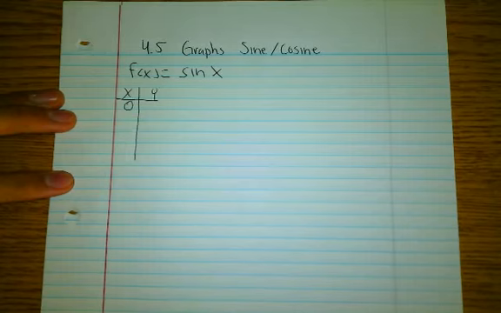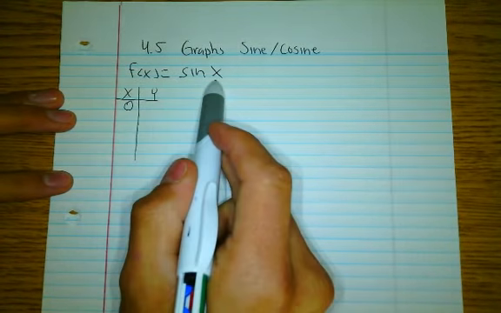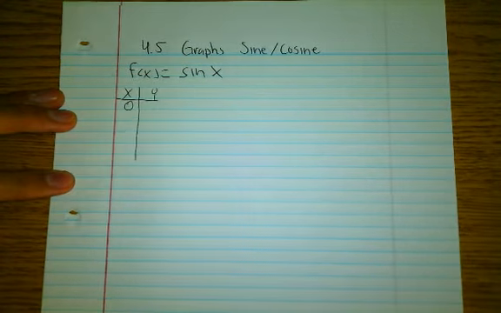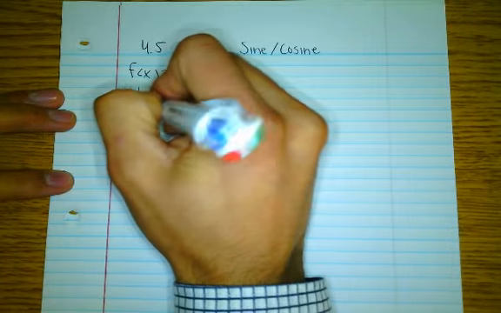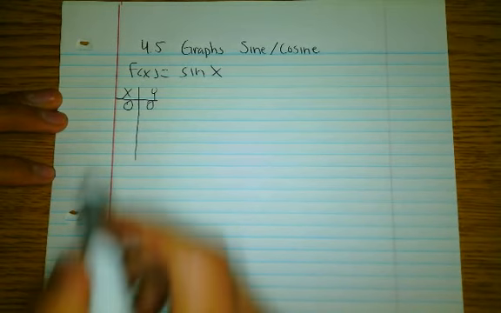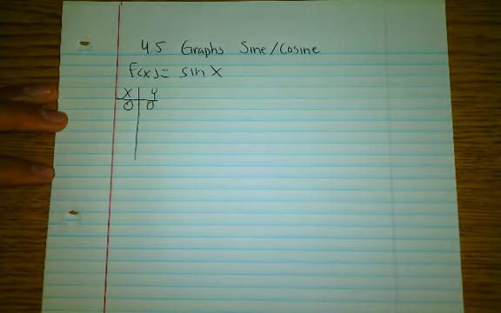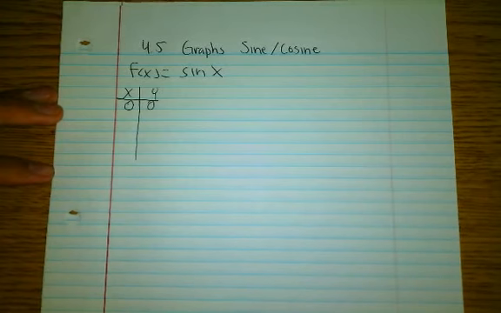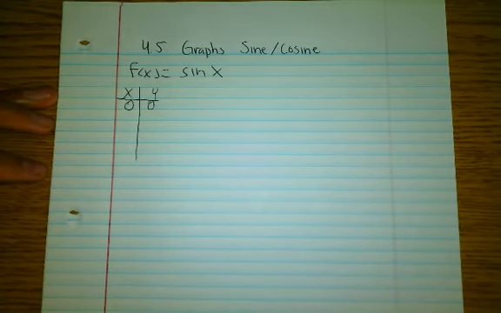Well, I would say, okay, with 0, we should be fine. Because if you plug in 0 there, what's the sine of 0? Agreed? But then if you try to plug in like 1, what is the sine of 1? And then you're going to be like, well, I have no idea. That's not on the unit circle. And then if you try to plug in 2, well, that's not on the unit circle. 3, 4. Do you see how none of those integers are going to be on the unit circle?